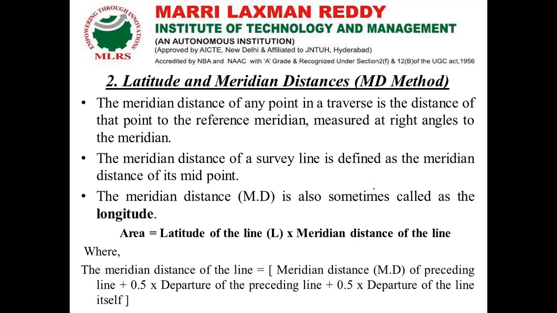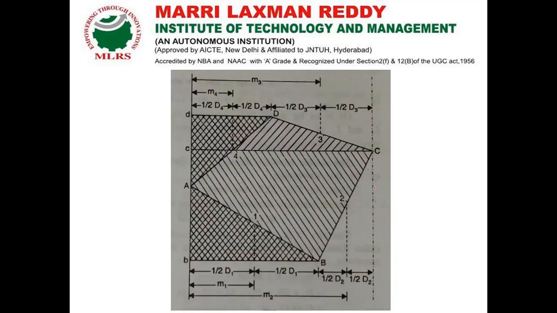The area by the MD method. Here the meridian distance of any point in a traverse is the distance of that point to the reference meridian, measured at right angles to the meridian, as in the figure. If I take point A, I need the coordinates of my point B as well as point D, and corresponding to that I have to calculate the meridians.